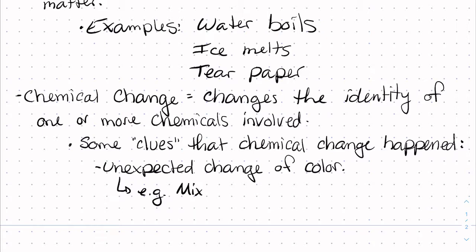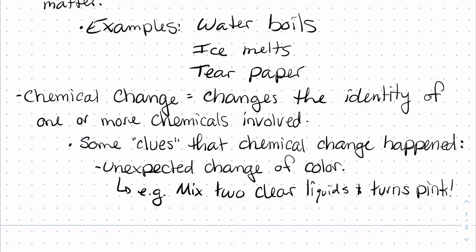So example here, mix two clear liquids and it turns pink. A more everyday example of this is frying an egg. If you've ever fried an egg, or if you've ever seen a raw egg, you know it's pretty much clear to begin with. After you heat it up for a while, the egg white turns white.